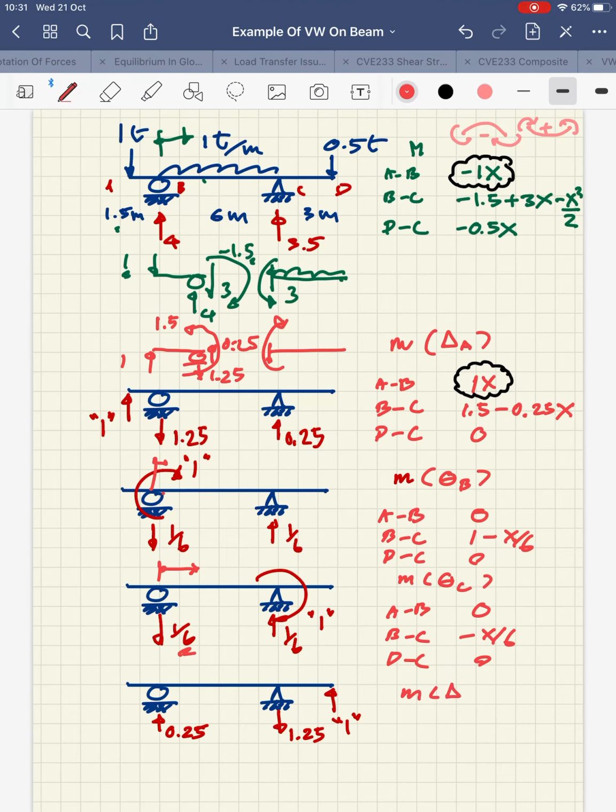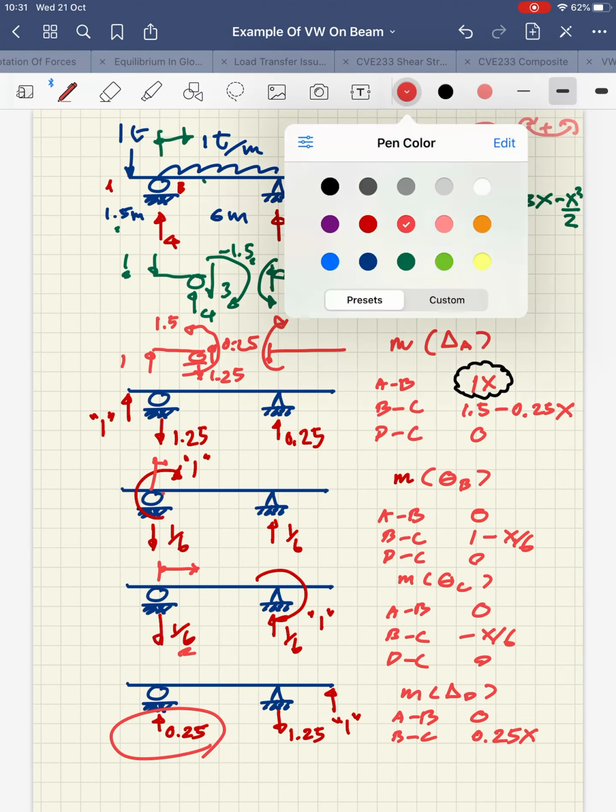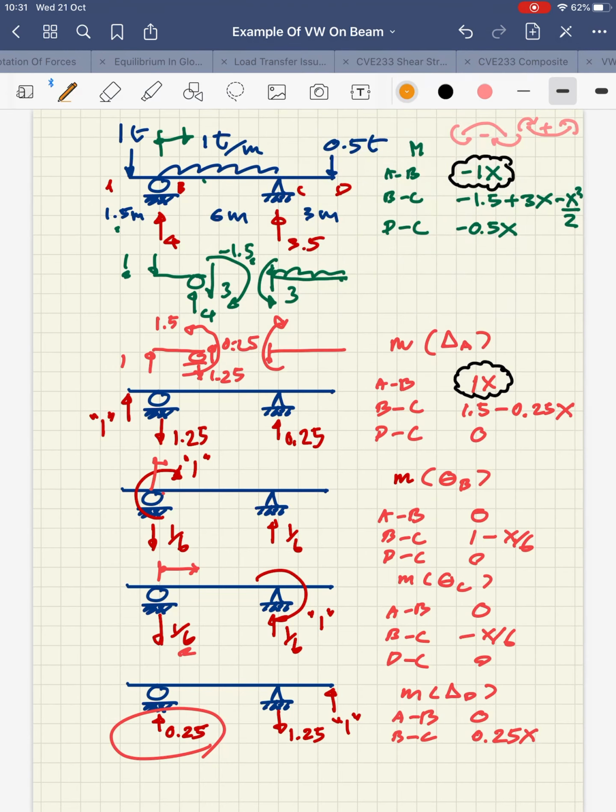So again, the moment equation for this case, which is going to be a deflection at D for AB, that's 0, ladies and gentlemen. And for BC, you only have this load going upward, so it becomes 0.25x. So now I hope that you can assemble your integral and carry out the integration.